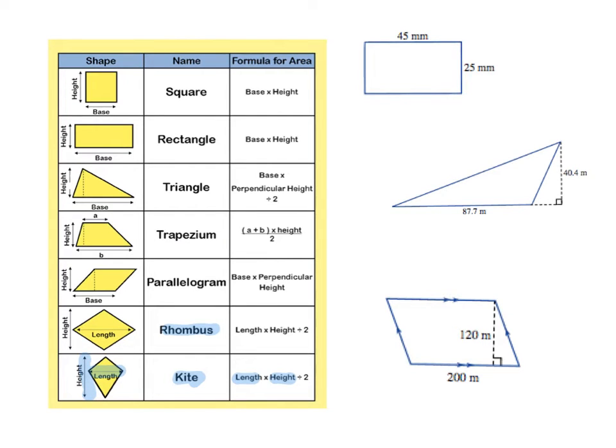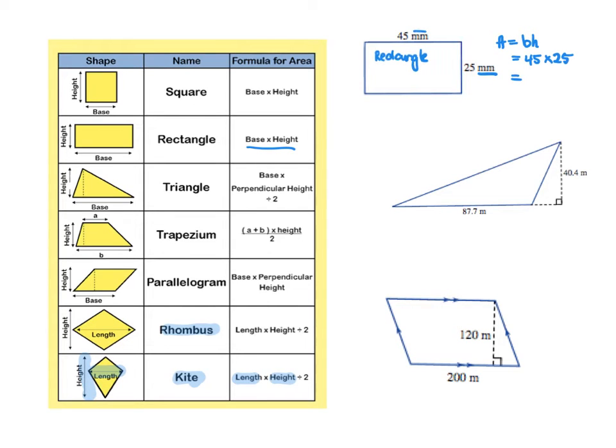So when you're doing these questions, the first thing we need to do is probably work out what shape we've got. So for this first one, it's a rectangle. So I'm going to find the area. So I'm going to write the formula, and area equals base times height. So then I'll do 45 times 25, and they're both in millimetres.